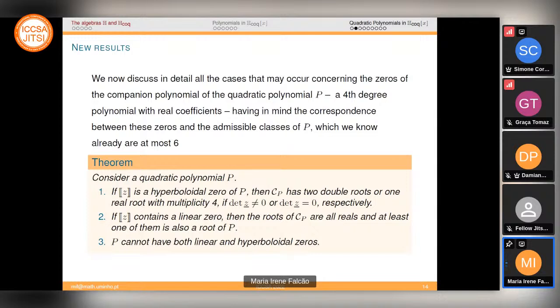If you remember, Ricardo had shown a case of a cubic polynomial where this was not true, with an example. But in the case of quadratic polynomials, this is not possible. We cannot have linear and hyperboloidal zeros all together.